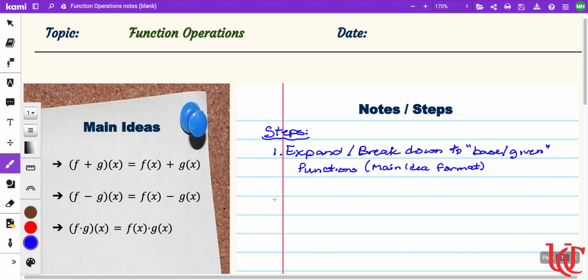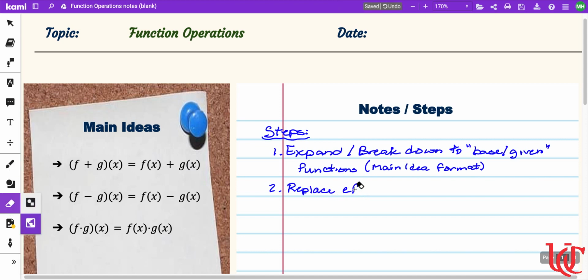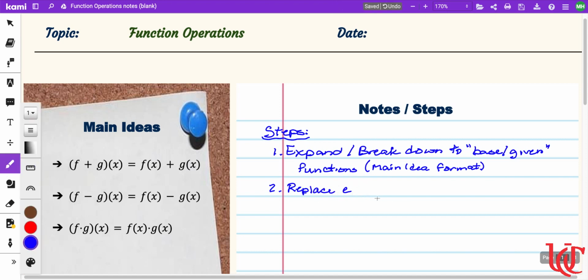Step two, I could put different colors, but I'm just going to keep it in blue. We're going to replace each function with the right side equivalence.